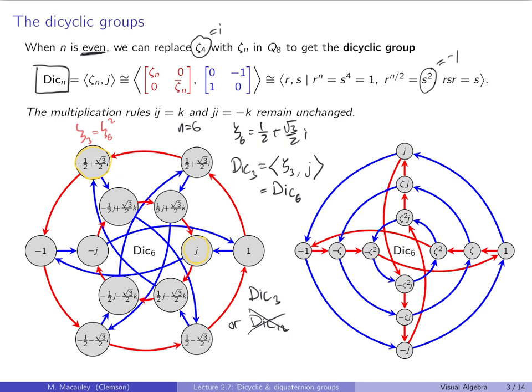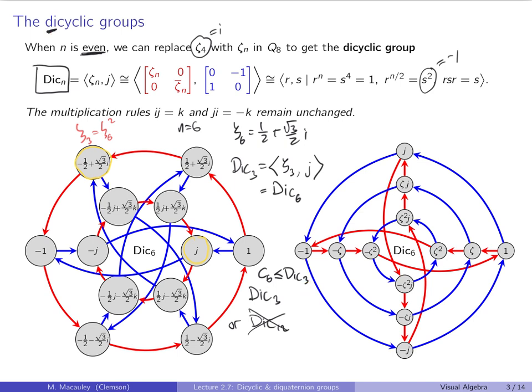Ironically, the reason why there's the di prefix in this group is because when this notation is used, so if we were to call this group dic3, then it would be the case that C6 is a subgroup of dic3, and this thing being twice that, being a factor of 2, is where the di prefix comes from.